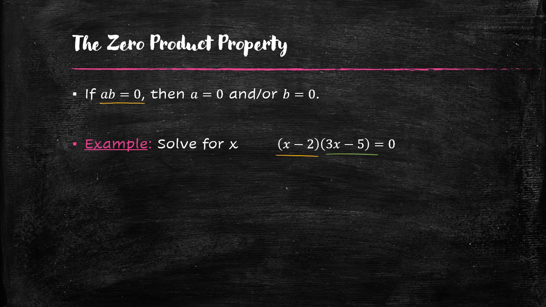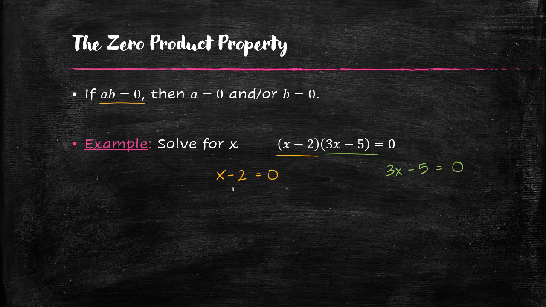So let's just make them both equal to 0. So x minus 2 is equal to 0 in one case, and 3x minus 5 is equal to 0 in the other. So solving these two cases is relatively straightforward.